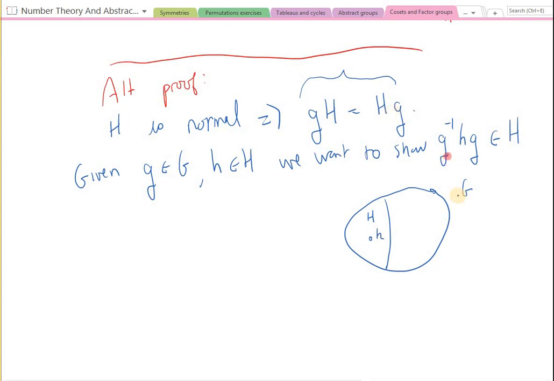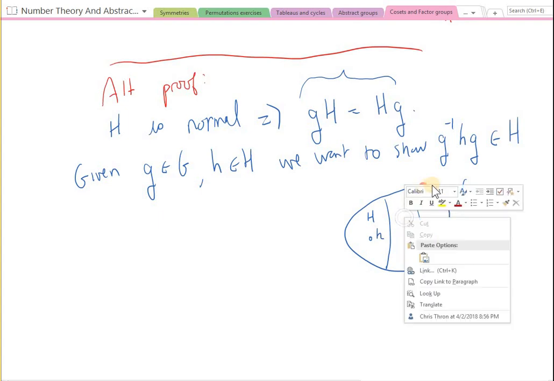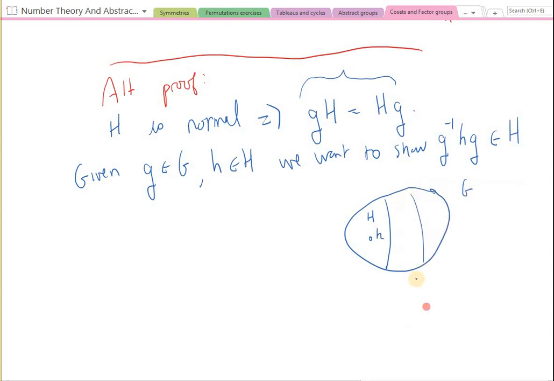Now what this does mean is, for instance, if I take a little g and multiply it by h, that's going to be in a coset here, which I can call gH. And gH contains g, because it contains g times the identity.